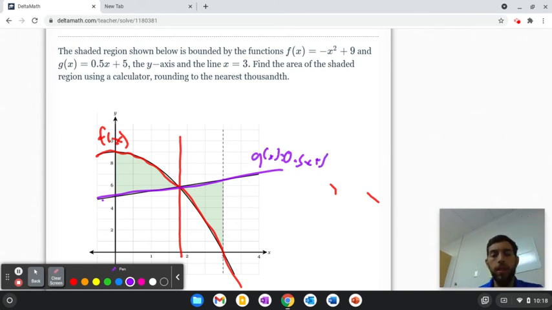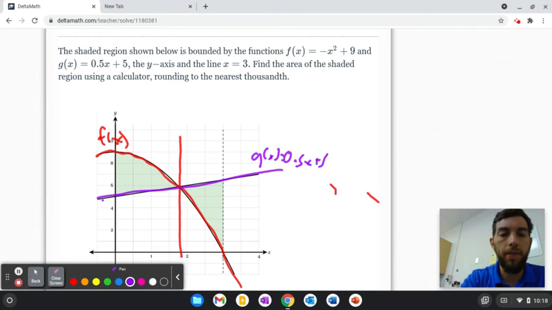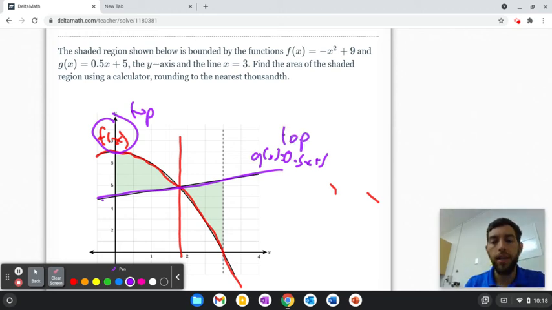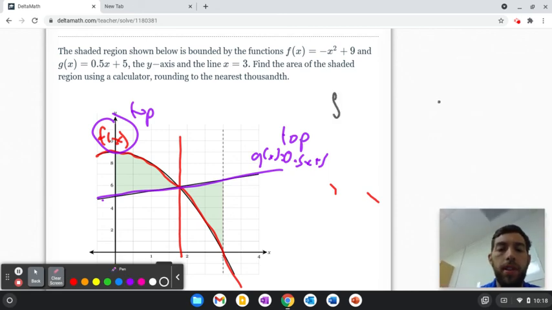The reason you want to look at this as 2 separate problems is because the top function switches. It starts with f of x being the top, but then it switches somewhere in the middle to this one being the top function. So we're going to have 2 separate integrals, and we're just going to add them together. We're going to have our integral from something to something.